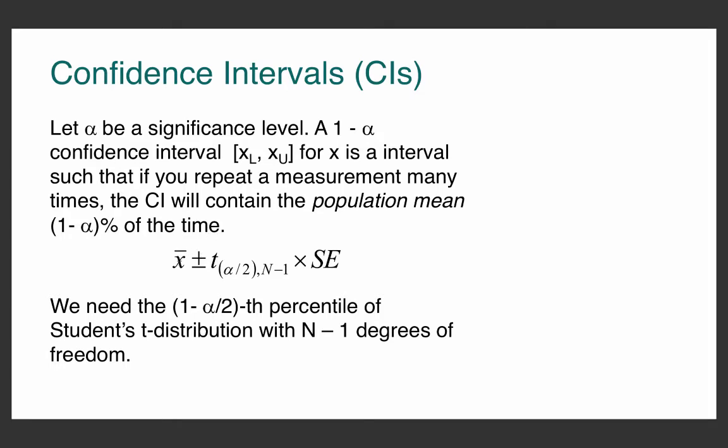For example, this confidence interval on the mean is the sample mean, plus or minus the standard error for the sample mean times this value, which is the 1 minus alpha over 2 percentile of the Student's t-distribution with n minus 1 degrees of freedom, where n is our sample size.